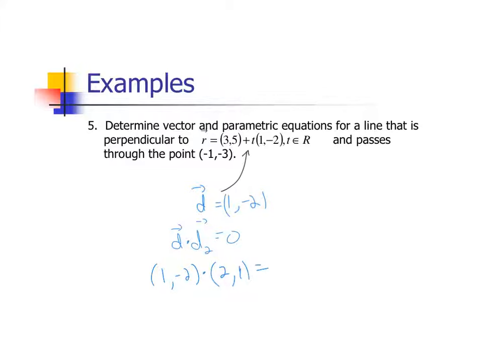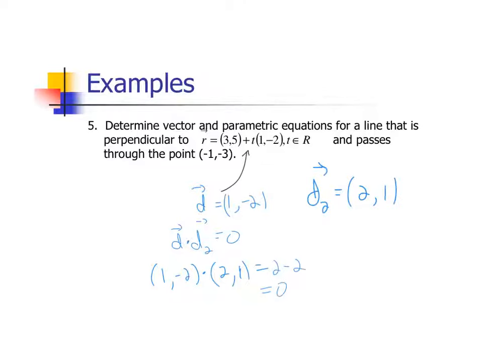So when you do this, you are going to get 2 minus 2 or 0, and because when you dot the vectors, you get 0, that means the direction vector for our new line, which I just called d2, is 2, 1, because it's perpendicular to the original one.